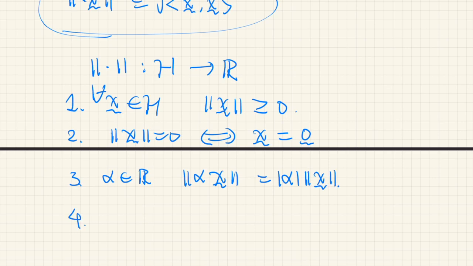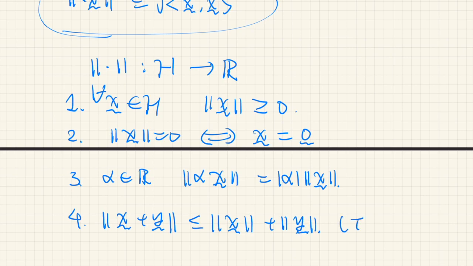And finally, we require the triangle inequality. So x and y are any vectors of the Hilbert space. So the norm of x plus y is less than or equal to the sum of the norms of x and y.